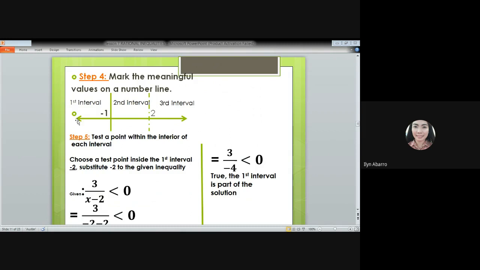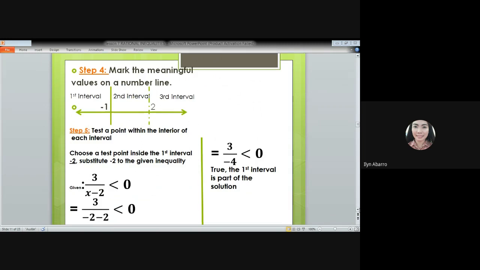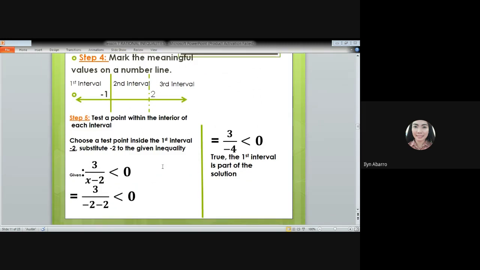Okay, let us test a point within each of these intervals to see which are the solutions. Let us choose from the first interval negative 2 again. So, in place of x, we're going to substitute negative 2. Where did we get negative 2? From this first interval. The numbers here are negative 2, negative 3, negative 4, and so on and so forth. So, 3 over negative 2 minus 2 is less than 0.